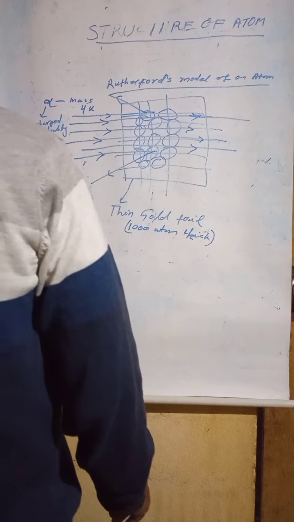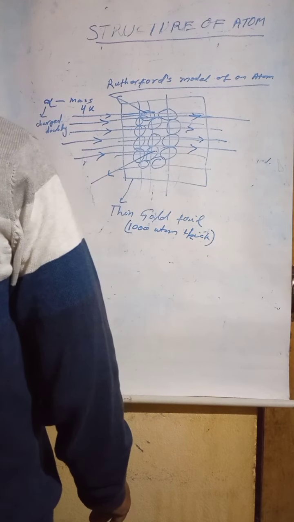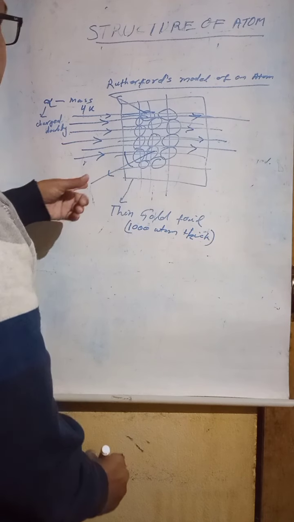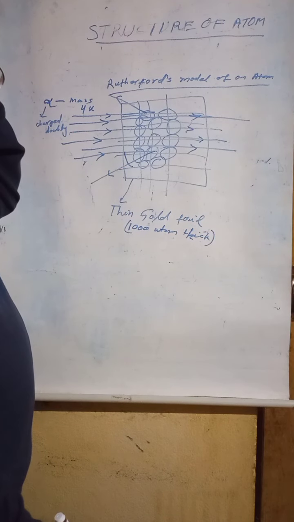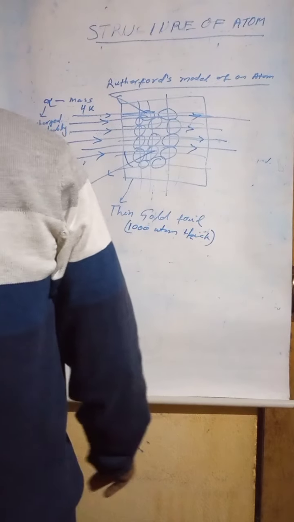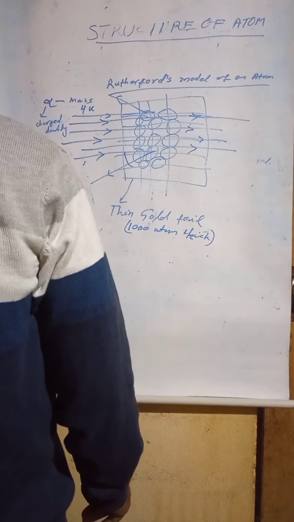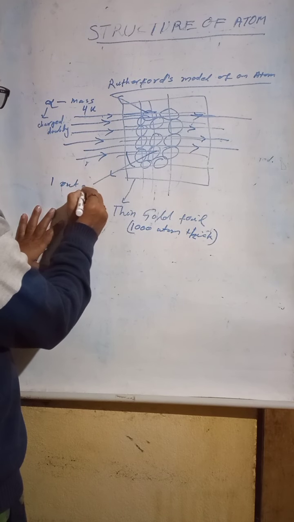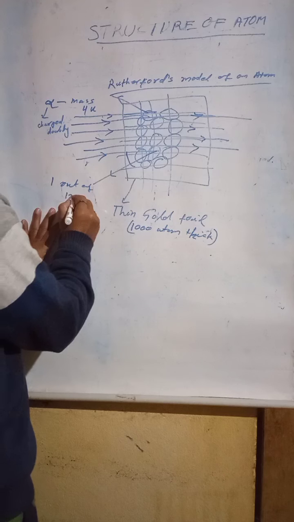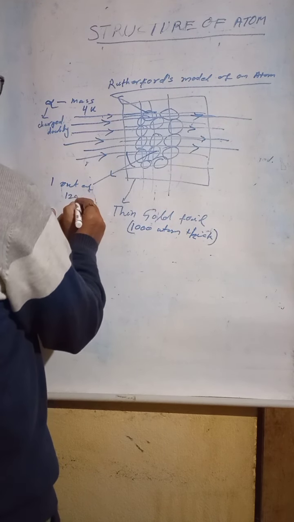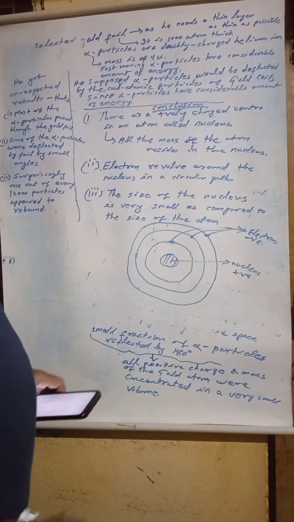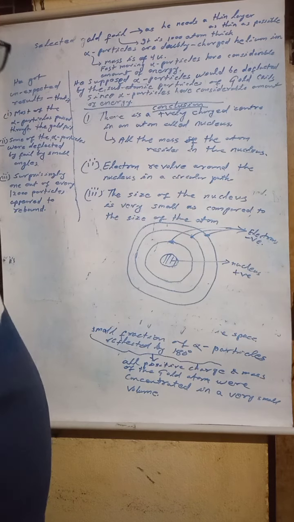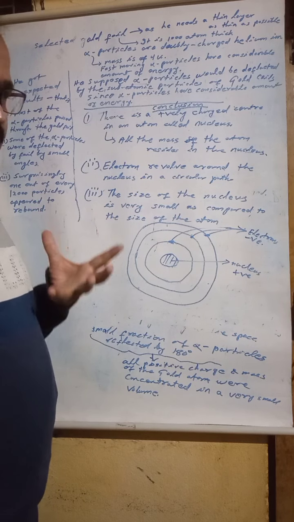Some of the alpha particles were deflected by the foil at small angles like this, and surprisingly, 1 out of 12,000. 1 out of how many? 12,000. This was the scattering of alpha particles by gold foil.